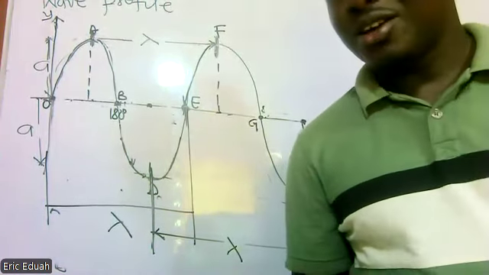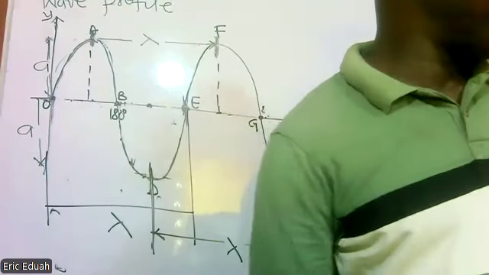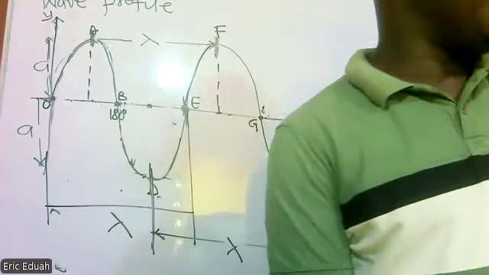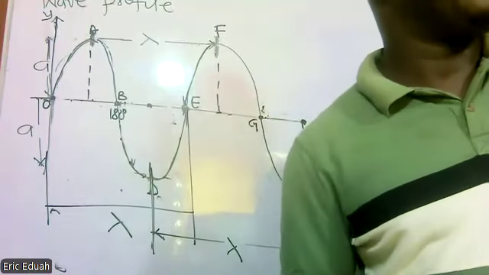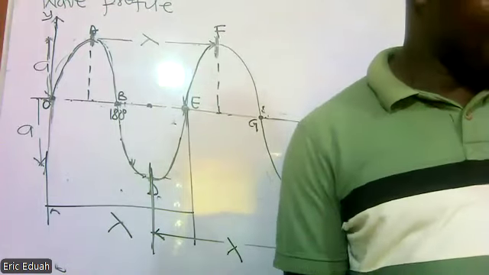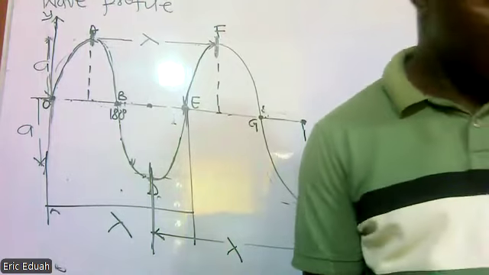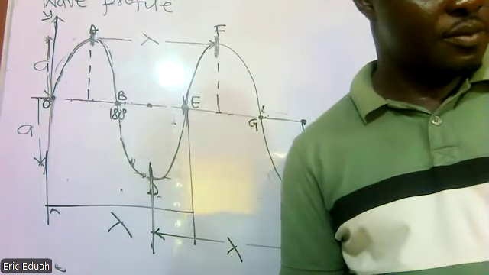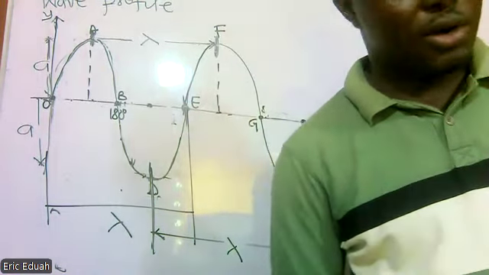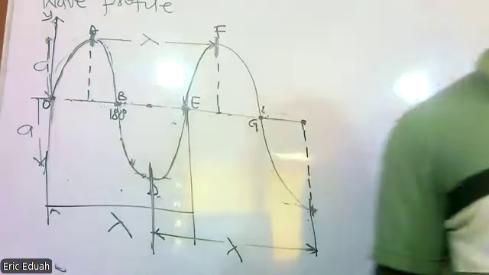All right. Festus, what is frequency? Any frequency you can remember from any other topic. The number of complete oscillations that a particle makes per unit time. You are not wrong. So both answers are not wrong.